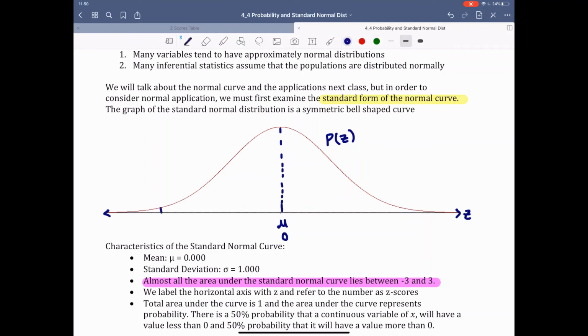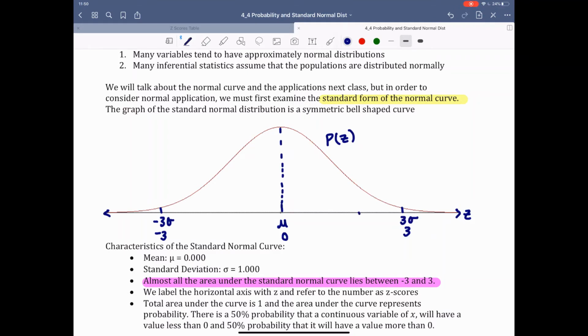And we know that almost all the area under the standard normal curve lies between -3 and 3. And because the standard deviation is equal to 1, that means it's between -3 standard deviations and +3 standard deviations.